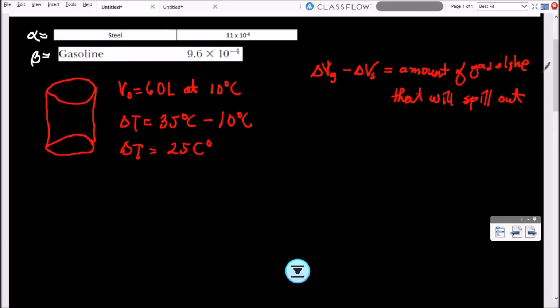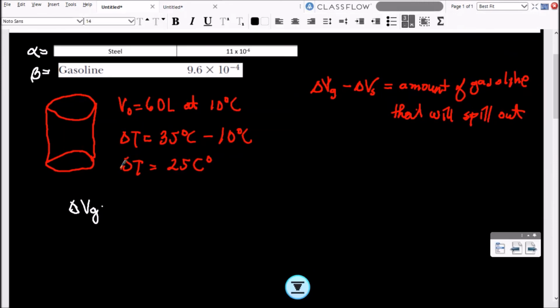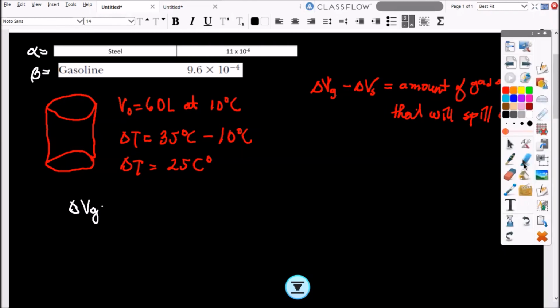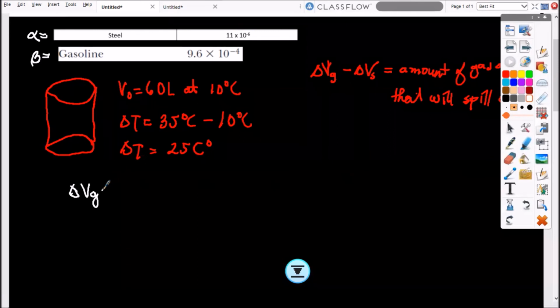Okay, so let us solve. Now, what's the change of volume of the gasoline? The change in volume of gasoline will be the beta of gasoline times the initial volume of the gasoline times delta T, right?